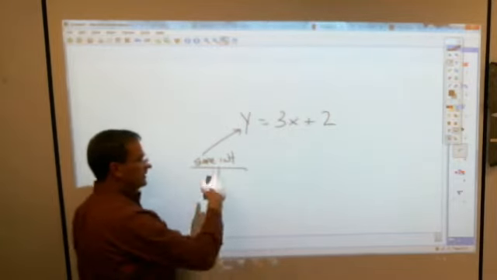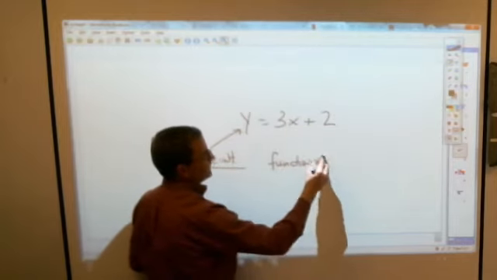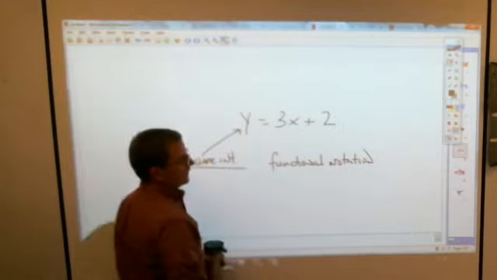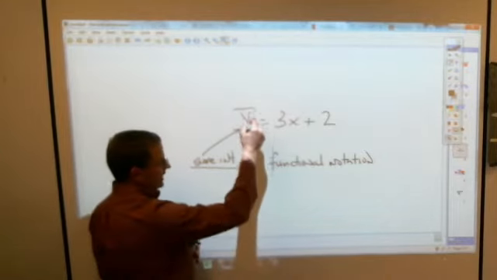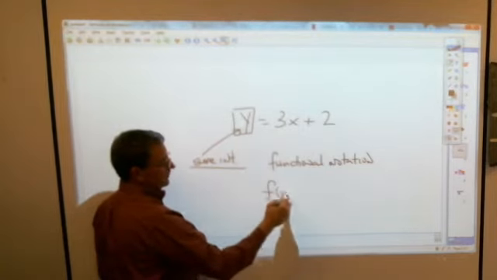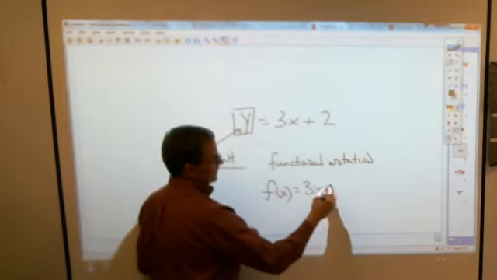If you are to write this in function form, or in functional notation, please don't overcomplicate this. The only thing you do is you don't write the y, you just change it to the letter f of x, and everything else stays the same.